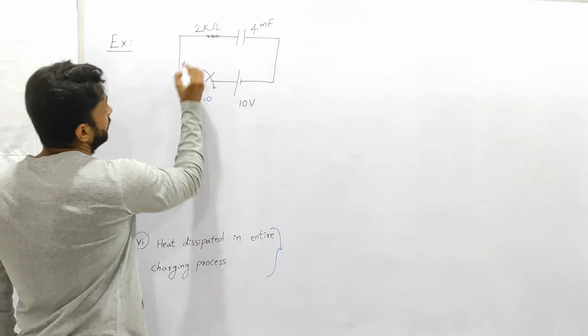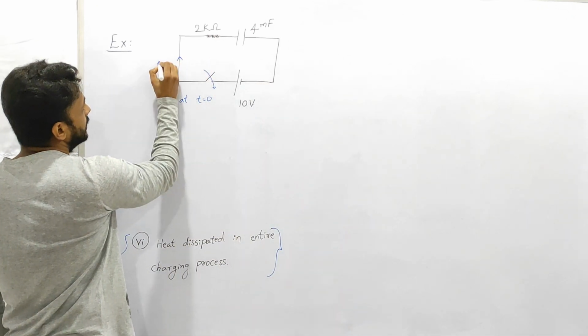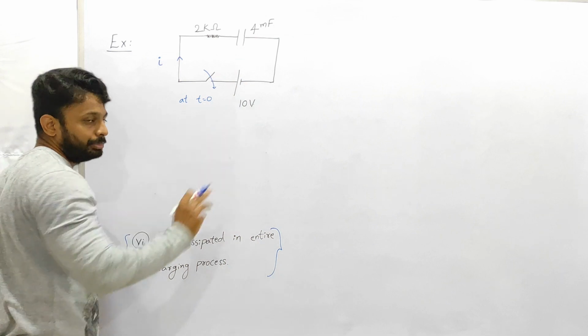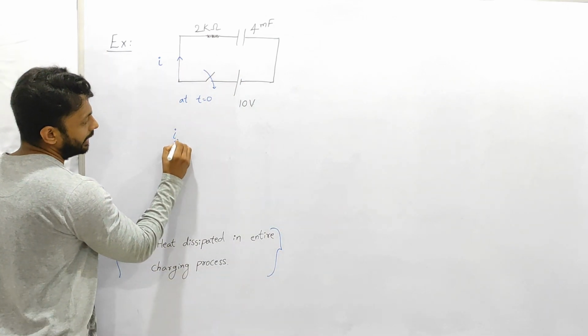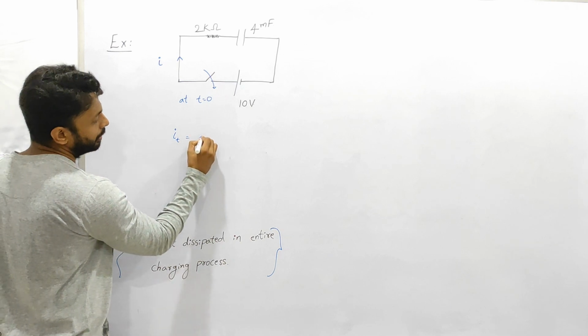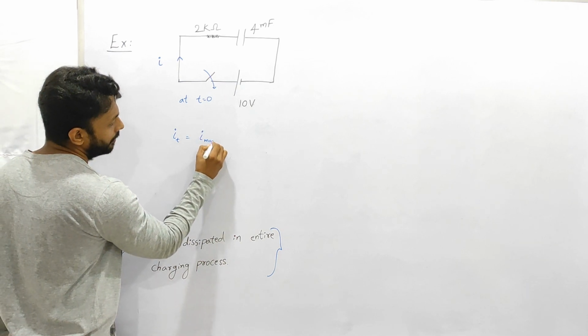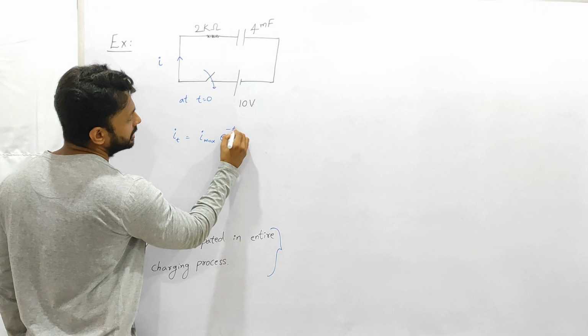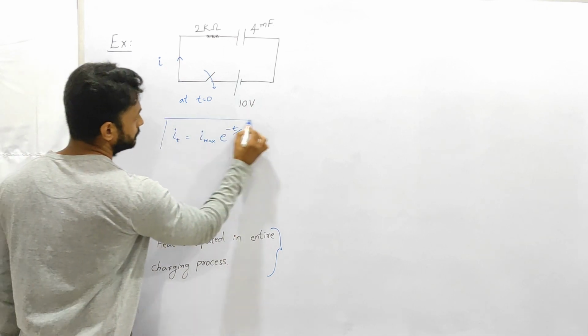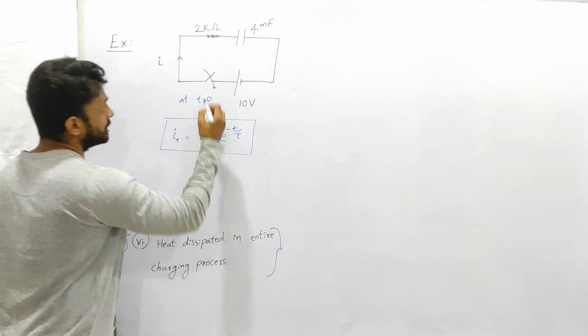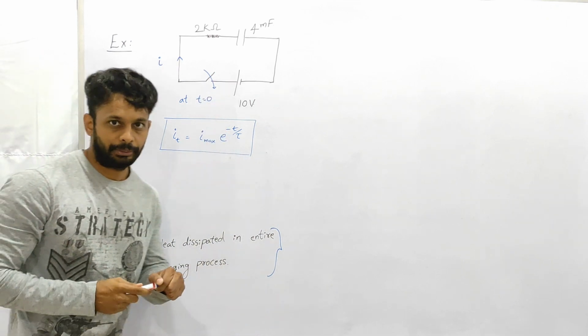Whenever you see in the circuit, the current I will keep on changing with time. And by the way, we know that equation also, that is I at any time t is given by I max into e power minus t by tau. That we know. That means current is changing with time.